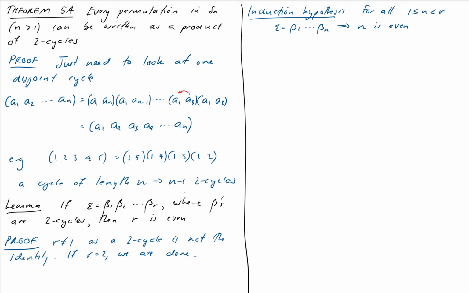So we've got a little bit of an idea here, and again, it's hard to motivate this without just doing it. So what we're going to do is show that essentially we'll have this situation here. No matter what, it's going to look like this. And let AB be the last two cycle in our product.